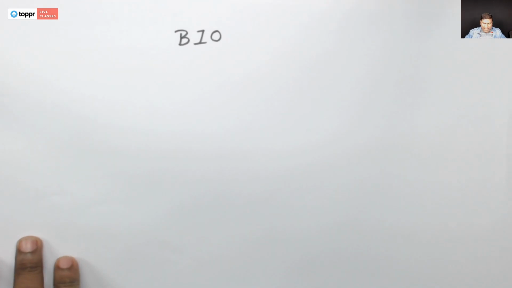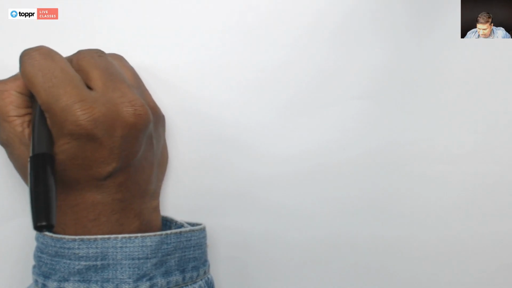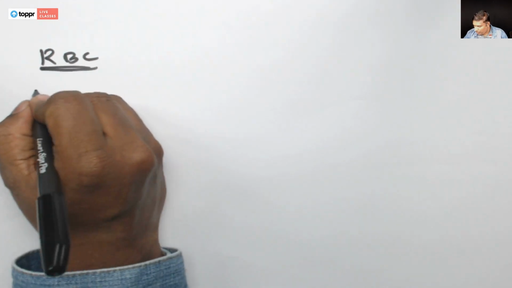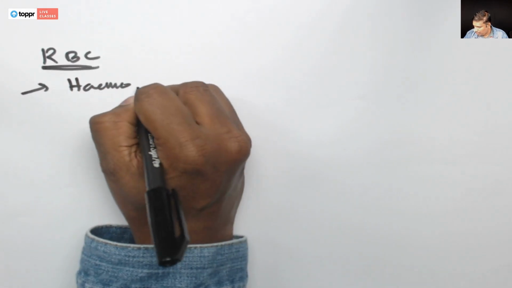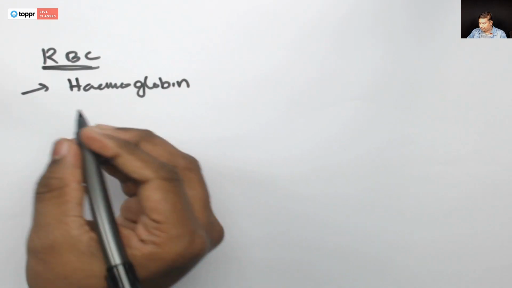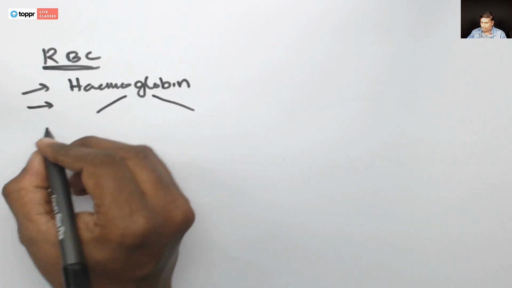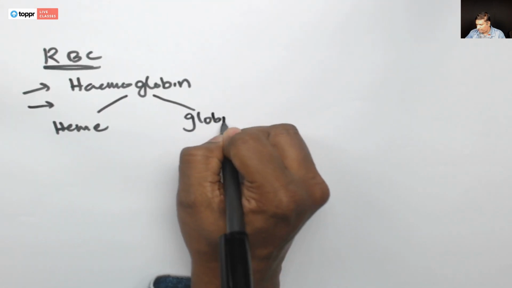Now, what do we have in RBC? In the RBC we have hemoglobin. Now, this hemoglobin basically has two components. One is the heme part and the other one is called the globin part.